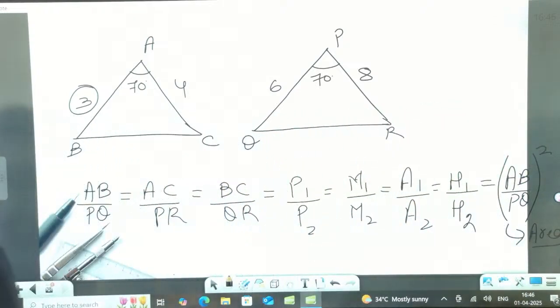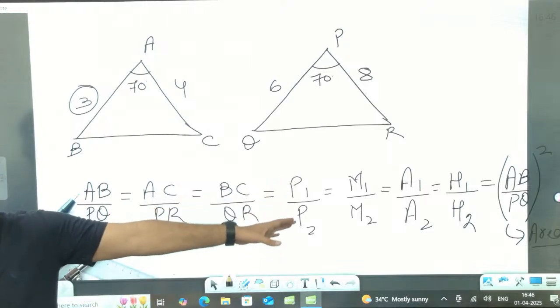If we square it, I will get the ratio of their areas. Square any of the dimensions.